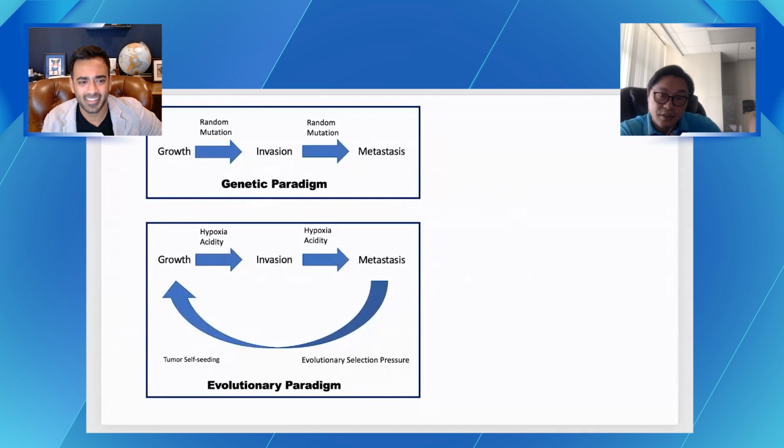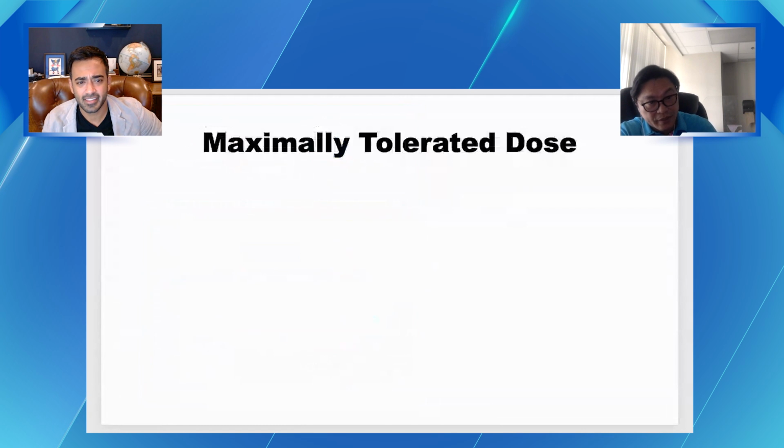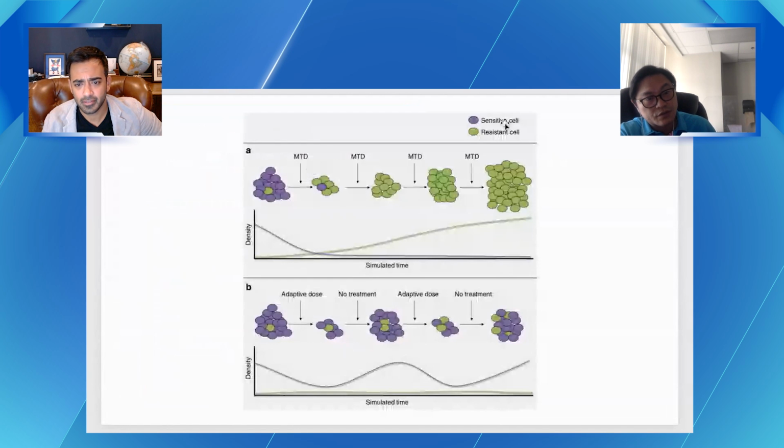Because this evolutionary paradigm asks the question in prostate cancer, should you use maximally tolerated dose? Because remember, here you have, this is what you're talking about, a sensitive cell in purple, a resistant cell in green. If you use a maximally tolerated dose, you wipe out all the purple, and the green proliferates. All of a sudden, your treatment doesn't work anymore.